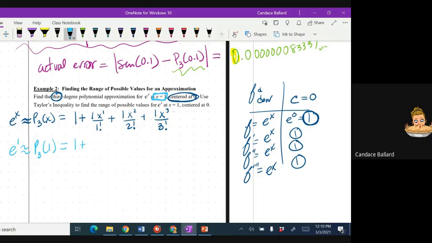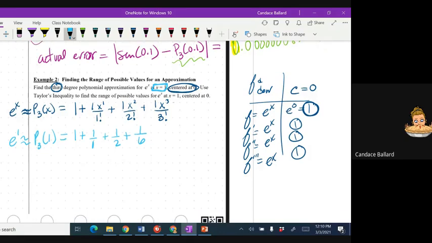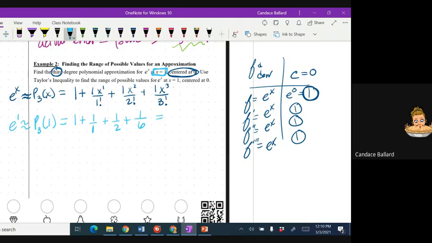So 1 plus, this would be 1 over 1, basically, or just 1. 1 squared is 1, 2 factorial is 2. 1 cubed is 1, 3 factorial would be 6. When I add all of that up, let's use 6.